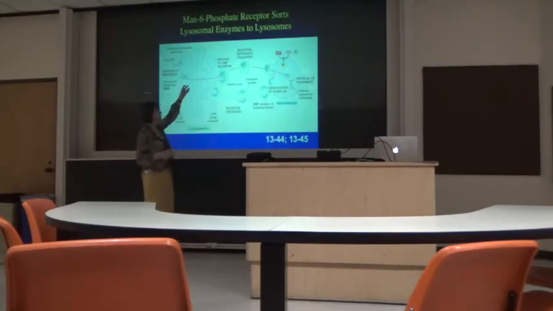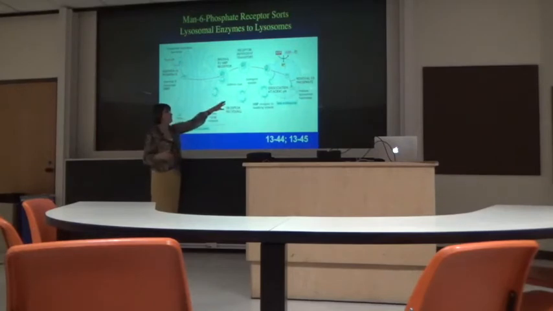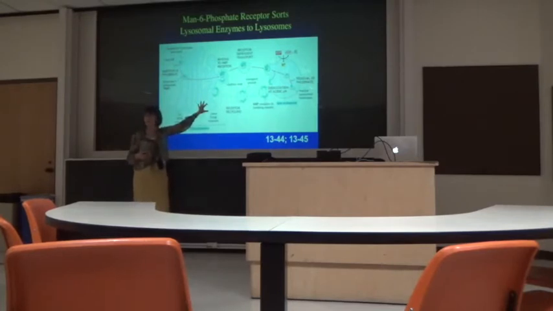So how do we get it to bind here in the trans-Golgi network, but release them and then travel back in empty form to the trans-Golgi? As I pose that question, it may sound familiar, because it's the same question we posed with the KDEL receptor, and the principle's the same.